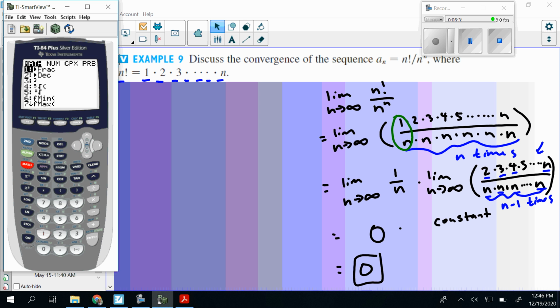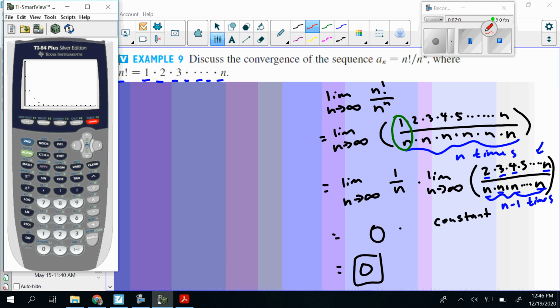Math, probability menu, number 4. There we go. N factorial divided by n to the power of n. And let's graph that one. You can see there are our points, and they are decreasing towards 0.